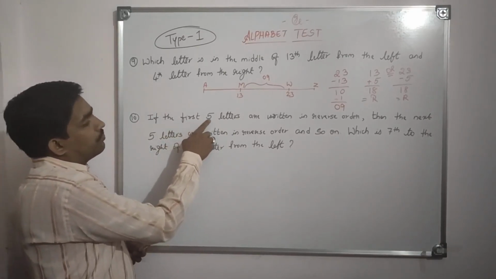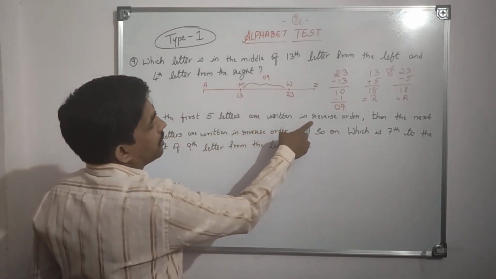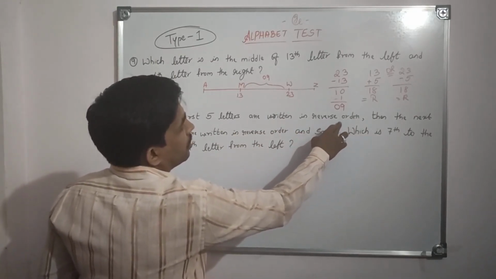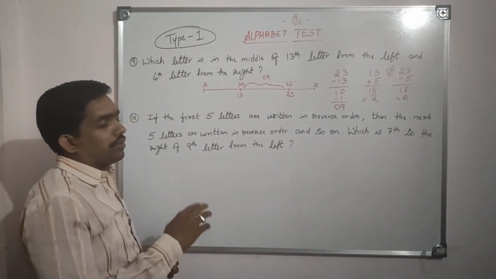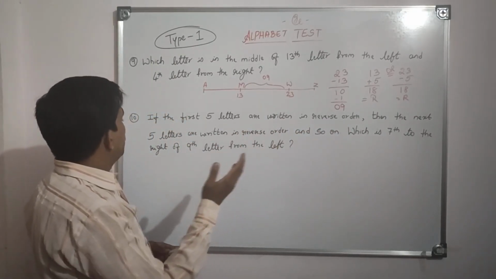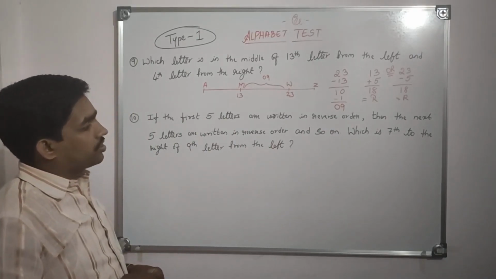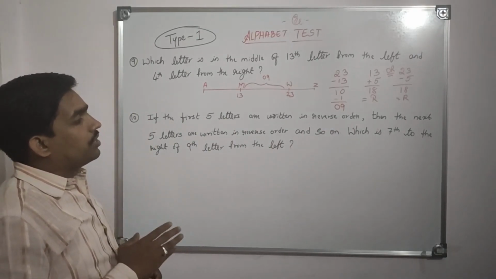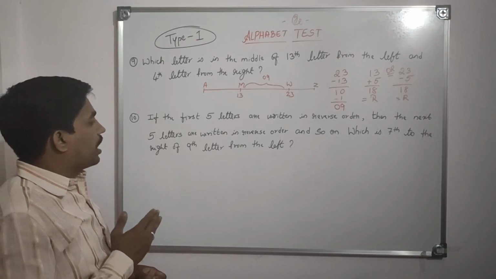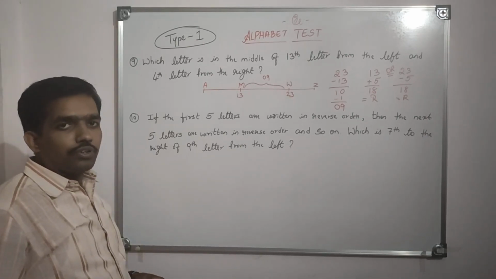If the first 5 letters are written in reverse order, then the next 5 letters are written in reverse order, and so on, which is 7th to the right of 9th letter from the left?